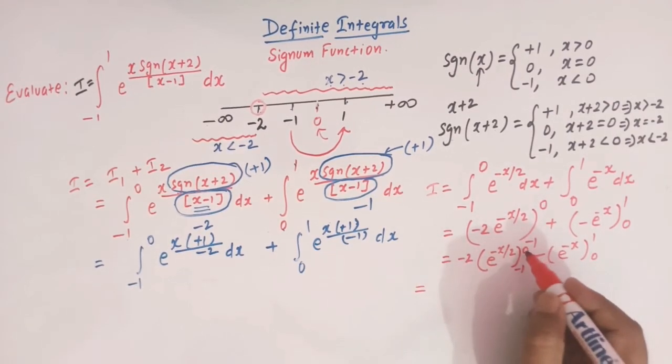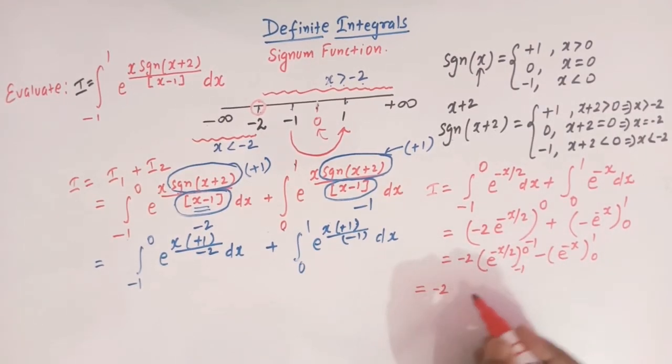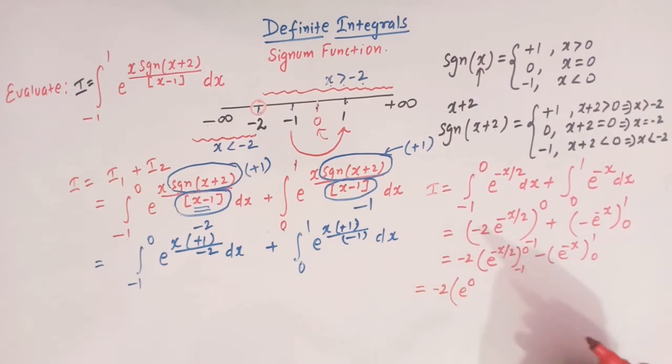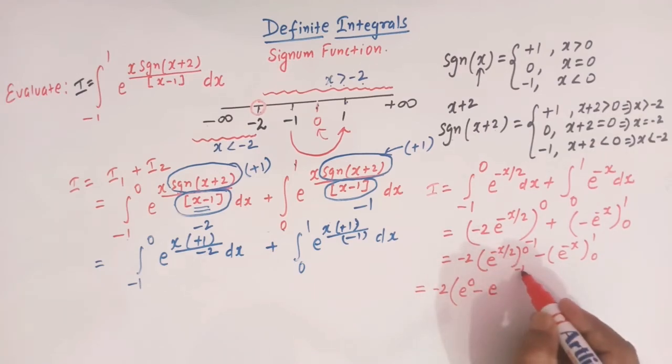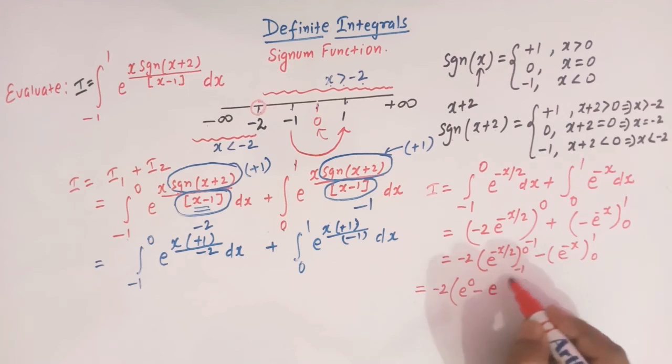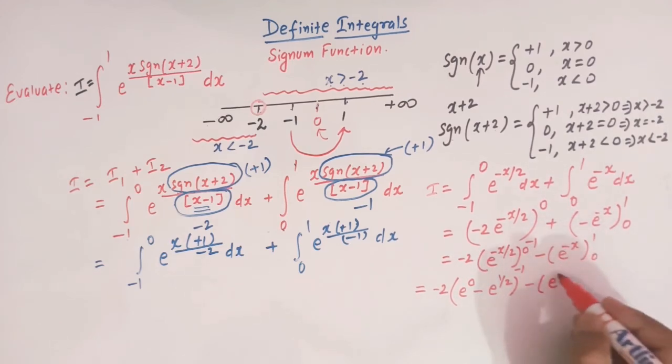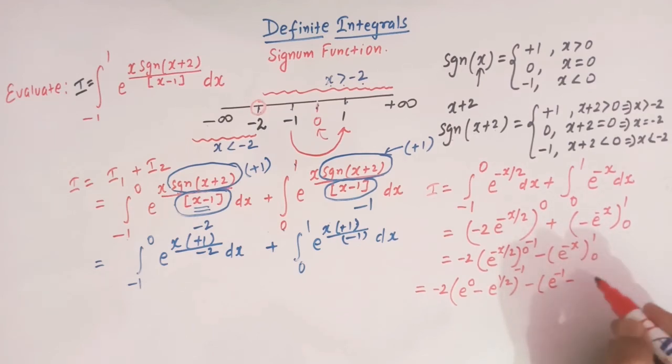Now substituting the limits, we have minus 2 and e raised to 0 here, because x is equal to 0, minus e raised to half, because x is equal to minus 1, so minus and minus becomes plus, so we have plus half here, right? And here we have e raised to minus 1 because x is 1, and here x is 0, so we have e raised to 0, right?